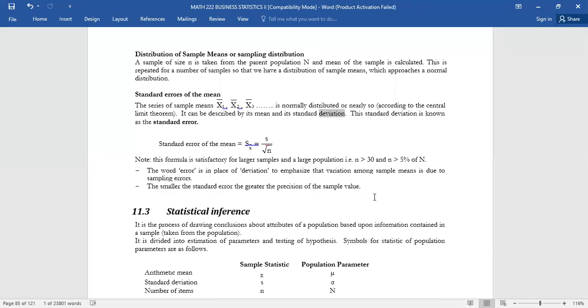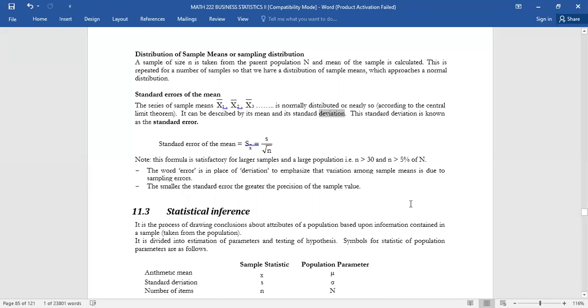And some inferences can lead you to a wrong conclusion if not well defined. So the process of drawing conclusion about the attribute of the given population is based upon the information that is contained in the sample or whatever the statistician was looking for.